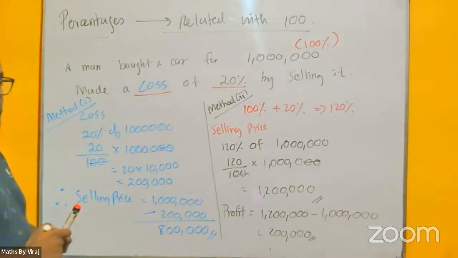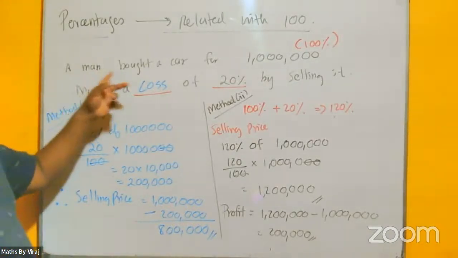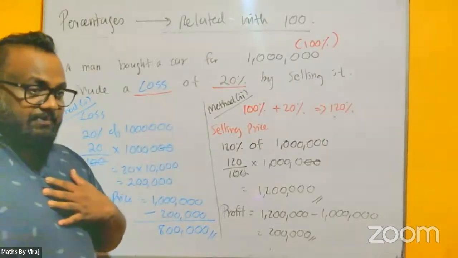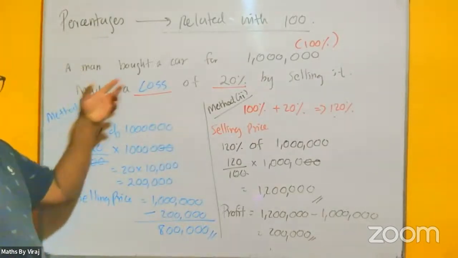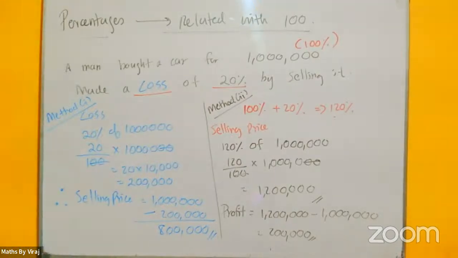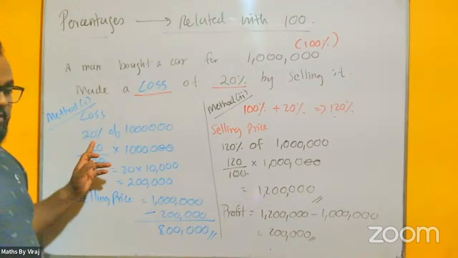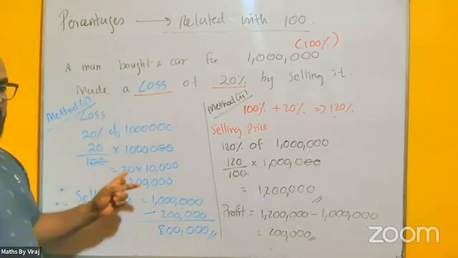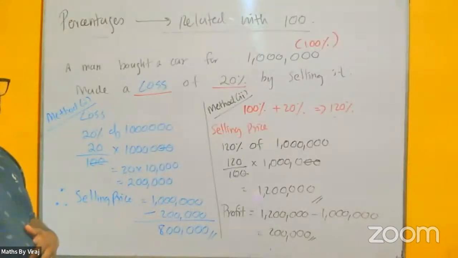Now, was it clear? A man bought a car for 1 million. 1 million is considered as our 100% value. Made a loss of 20% by selling it. So, what is the loss now? 20% of 1 million. 20 over 100 into 1 million. So, the loss is now 200,000.